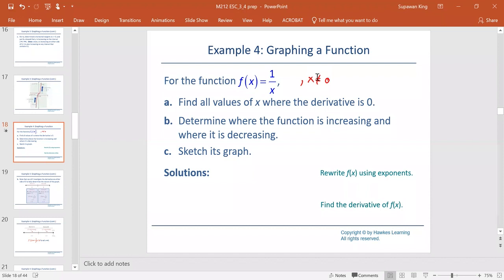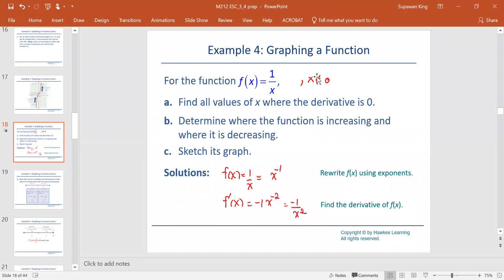Part A, find the derivative, and then what value makes the derivative 0. First of all, the function f of x, which is 1 over x, we write in power form, or x to the power negative 1. To find the derivative, f prime is negative 1 times x to the negative 2, or negative 1 over x squared.